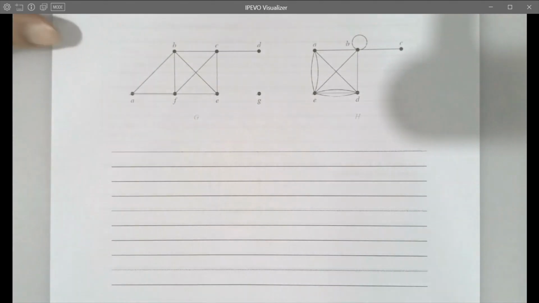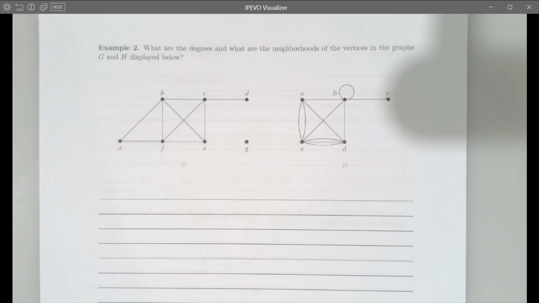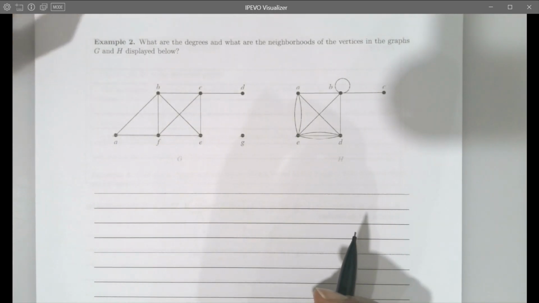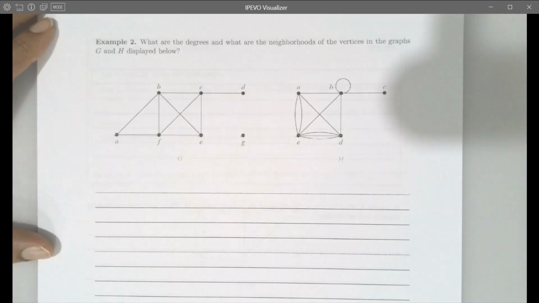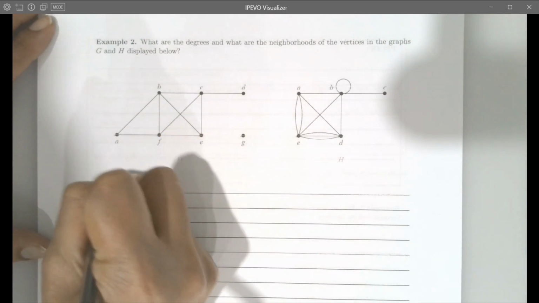Alright, so let's take a look at example number 2. This one reads, what are the degrees and what are the neighborhoods of the vertices in the graphs G and H, which are displayed below? So let's take it one at a time. We'll look at G, and we want to look at the neighborhood. So I'm going to create a table.